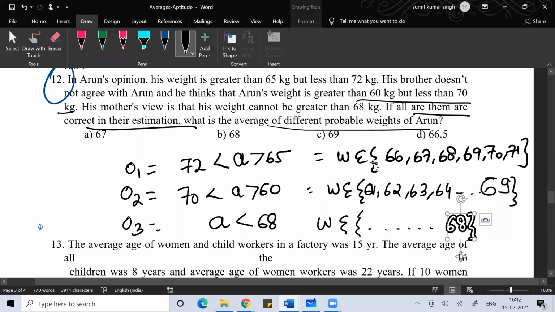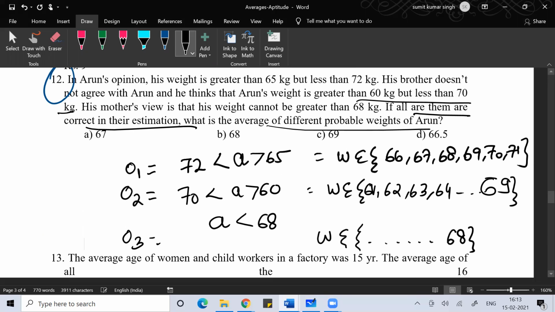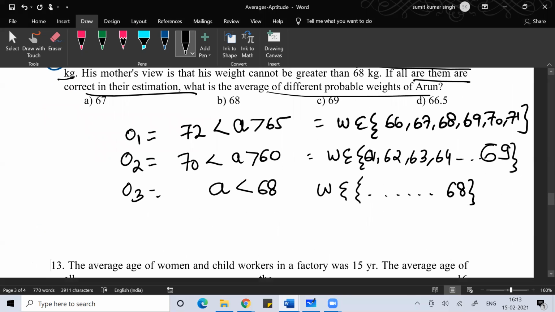So if everyone is correct, if you see 1 and 2, the maximum it can go is 69 and it should be more than 65. So if I take 1 and 2, it would be 66, 67, 68, 69.